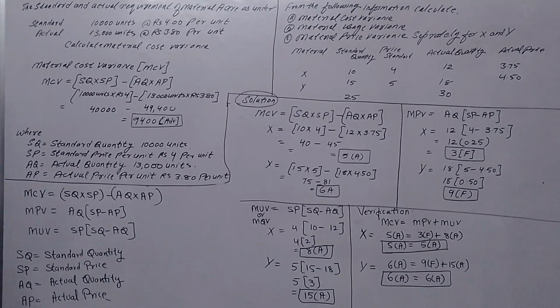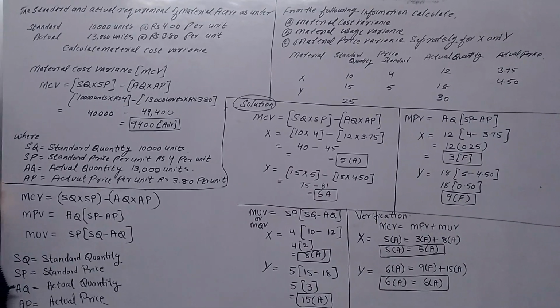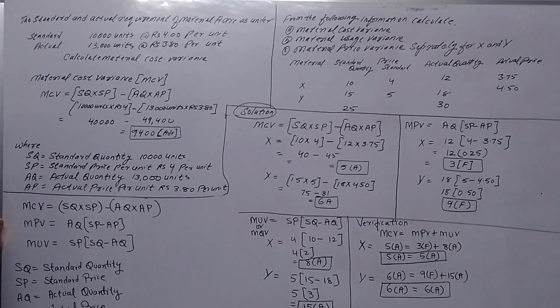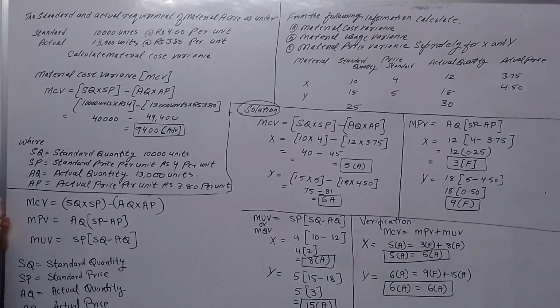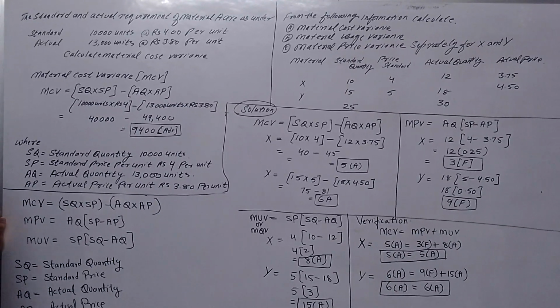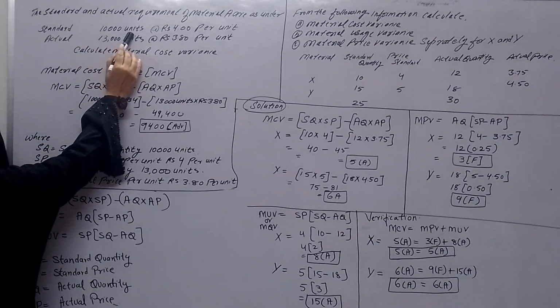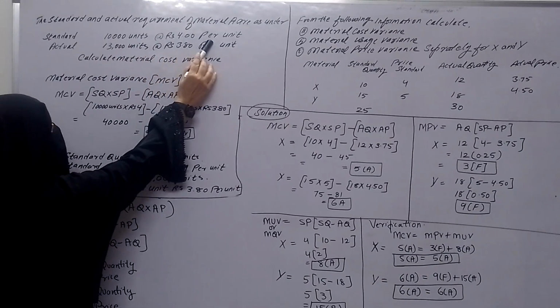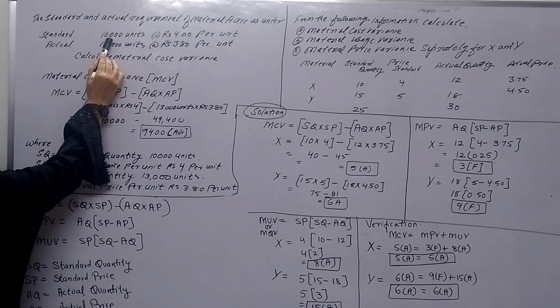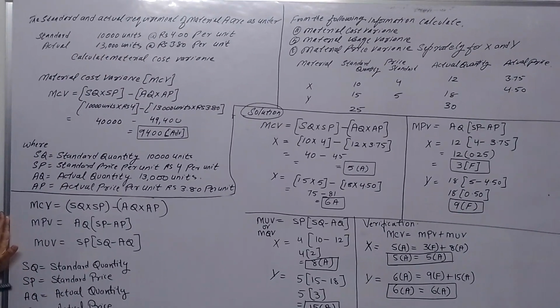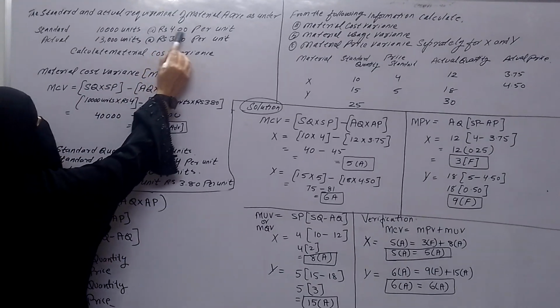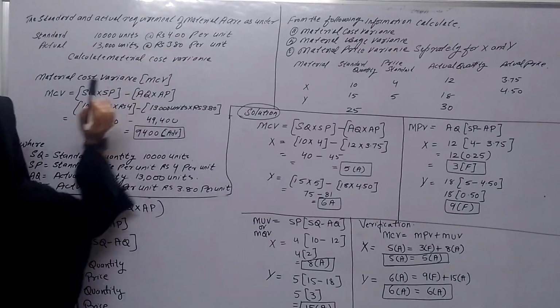Students, this question is important for short 5 marks. In the question, standard 10,000 units at 4 per unit: 10,000 is your standard quantity and rupees 4 per unit is your standard price.